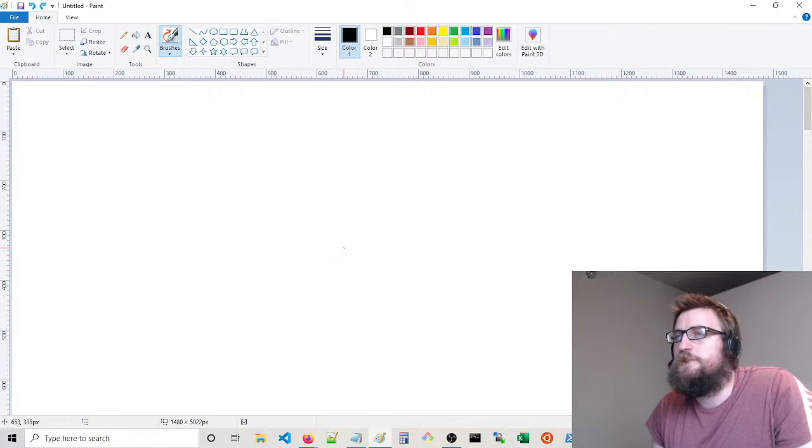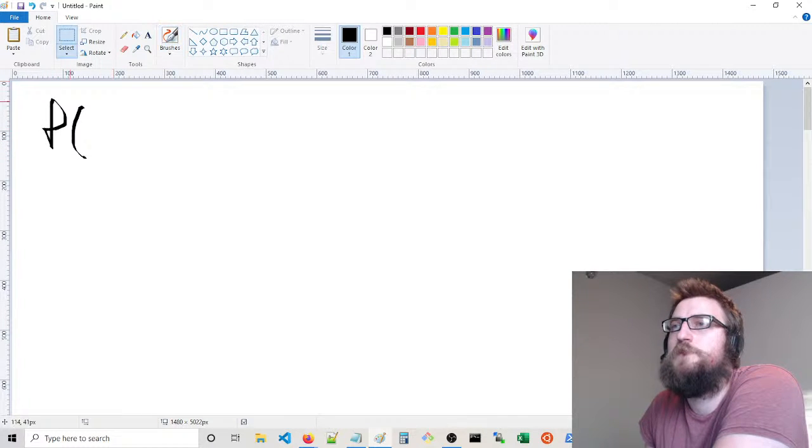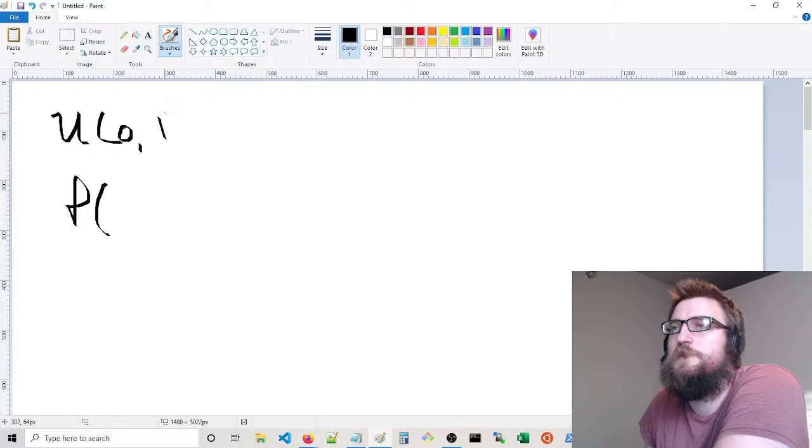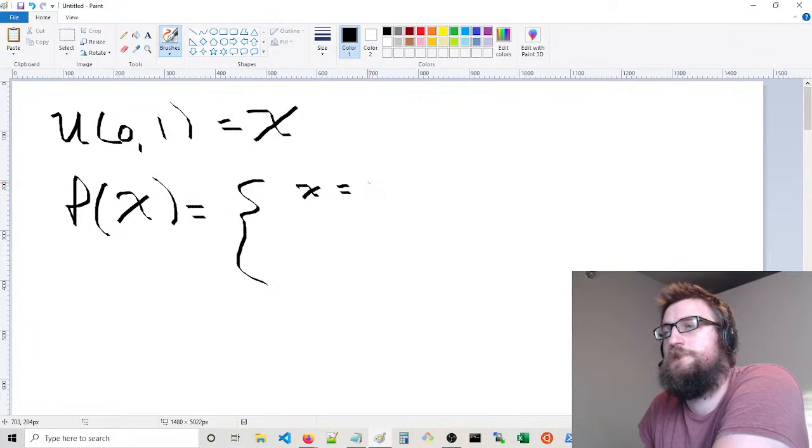Let's take a look at the probability function of a uniform variable. So U of 0 to 1 is the probability function. Let's say this is x, called little x, is the value.